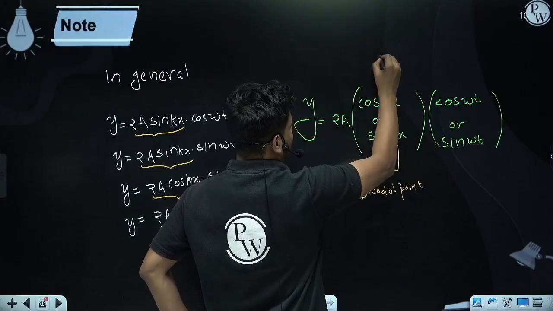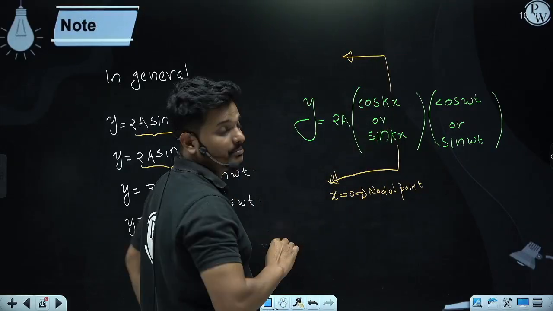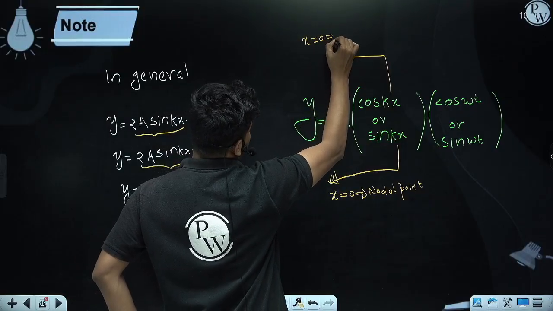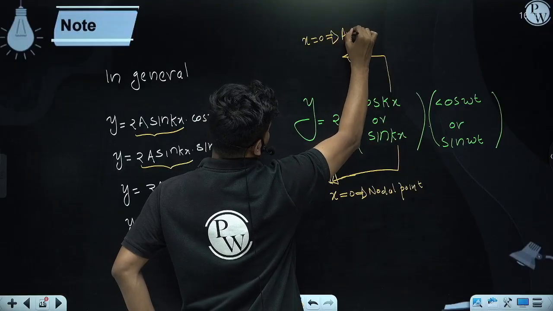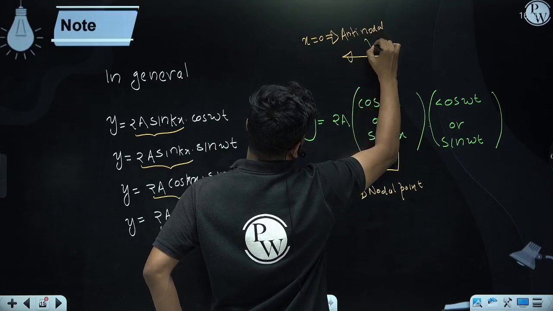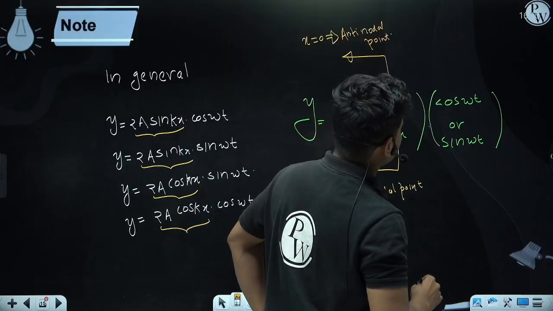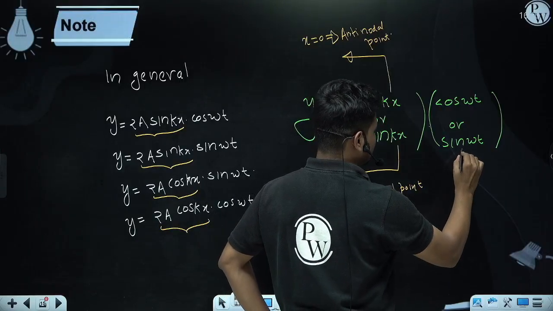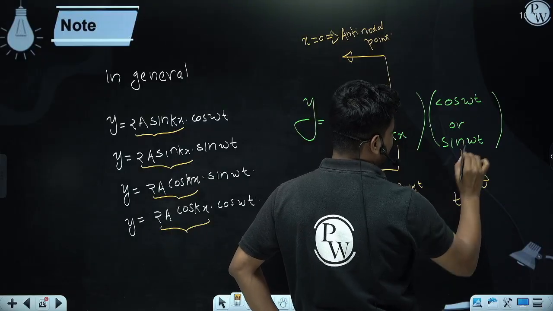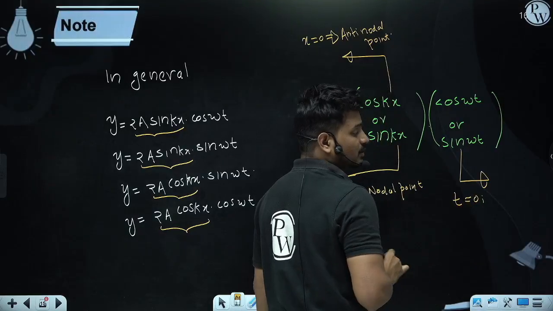And if cos kx comes, at that time x equal to 0 is the anti-nodal point. The next one, in this expression, when sin omega t comes, then at t equal to 0, sin omega t is 0.